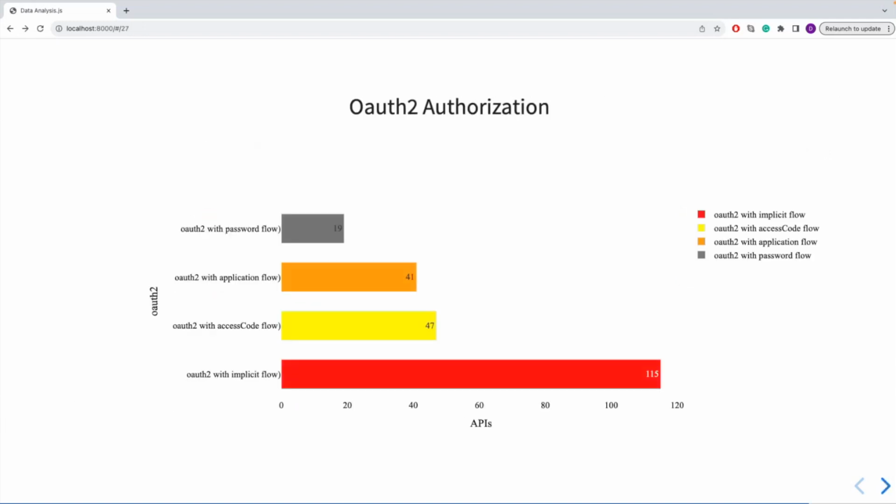We can also count the APIs using OAuth2 authorization and see what kinds of flows the developers are using most frequently. We can see a tendency here for OAuth2 authorization in the APIs from the database.